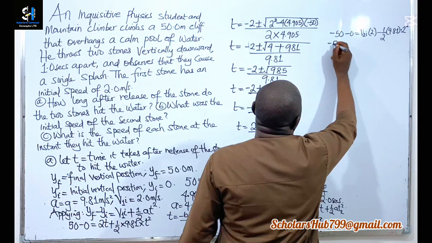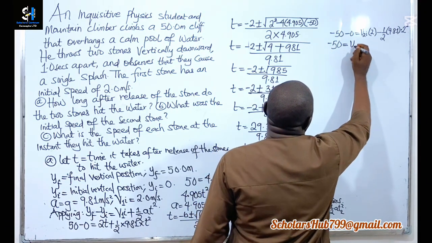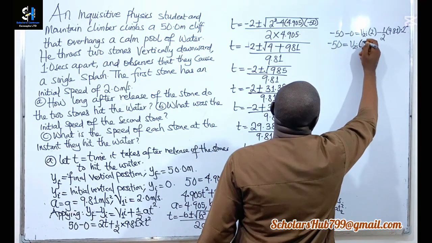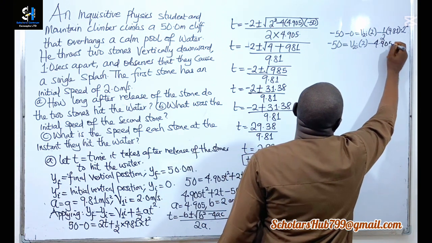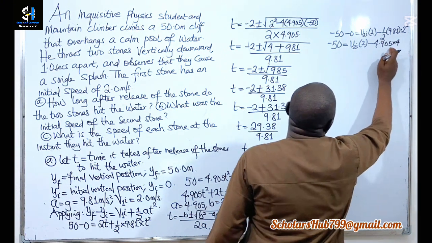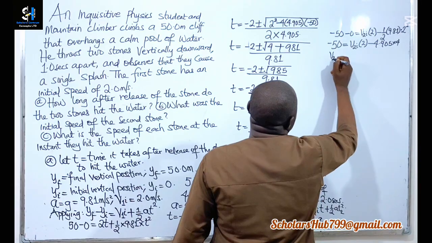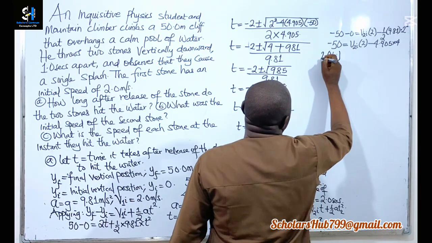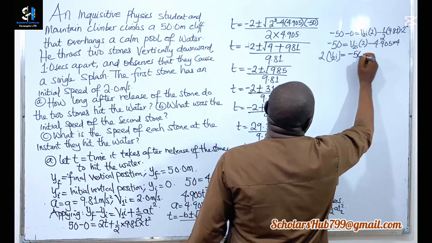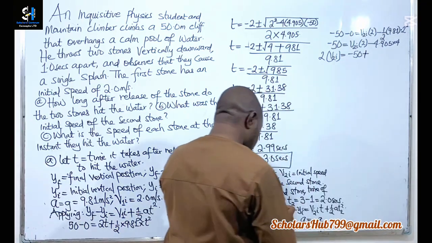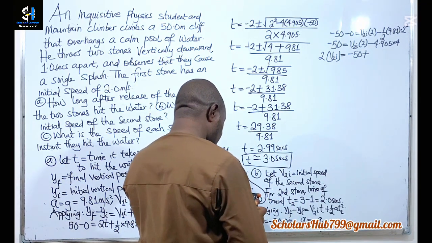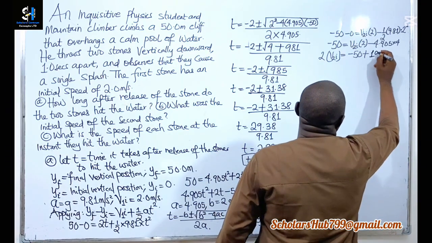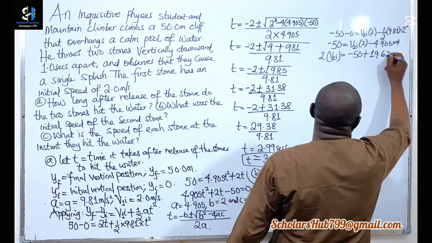So this will be minus 50 equals V2I multiplied by 2, then minus 4.905 times 4. I'm going to move this down so that V2I multiplied by 2 equals minus 50 plus 4.905 times 4, that will be 19.62.